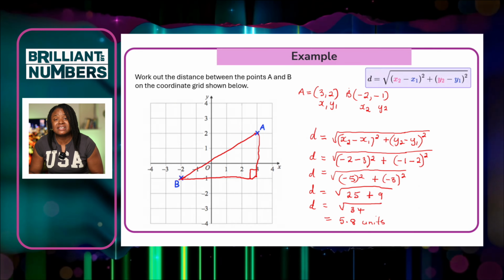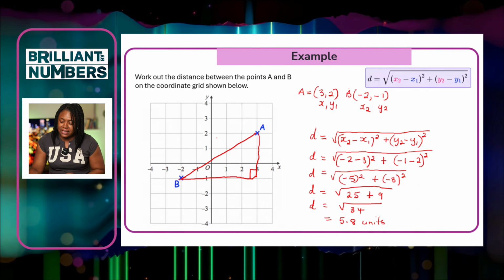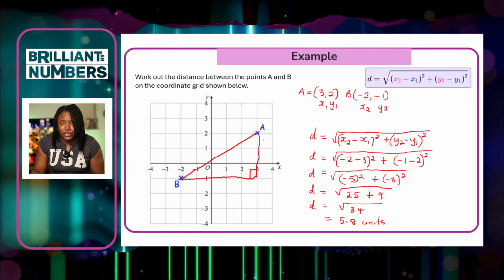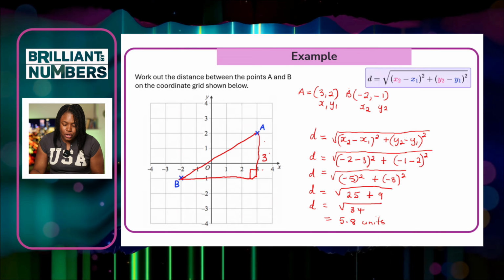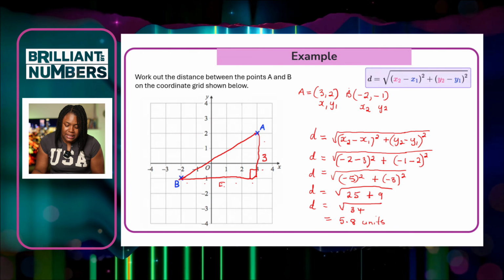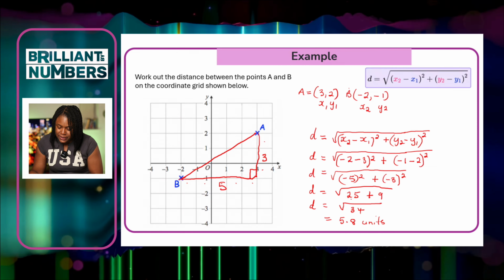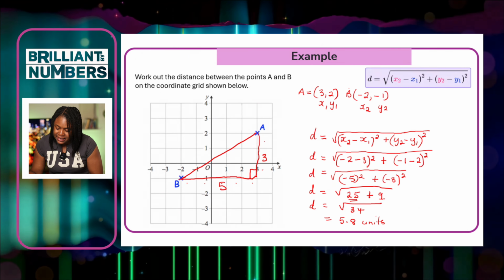The hypotenuse is the distance from A to B. Now let's see how we got this 25 and this 9. If I count the units on the graph, 1, 2, 3 down, and 1, 2, 3, 4, 5 across, gets me 5. So 5 times 5 gets me this 25 here, and 3 squared gets me 9 here.